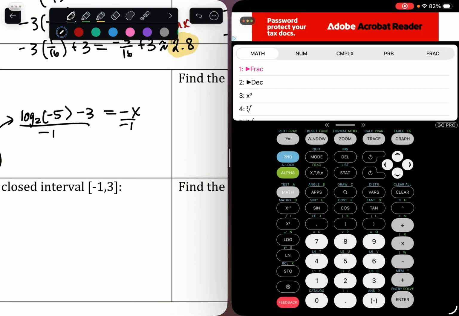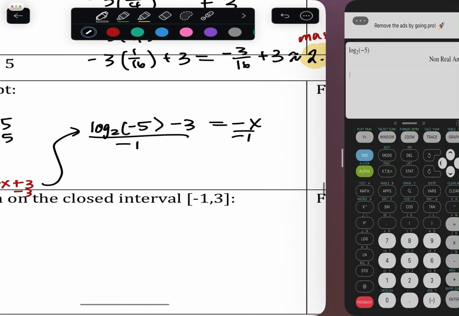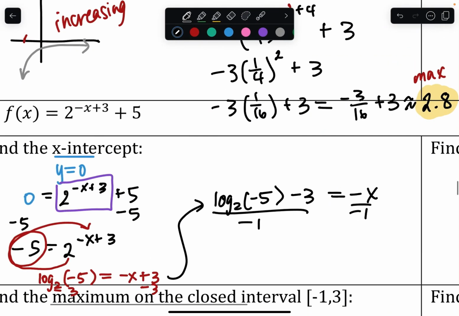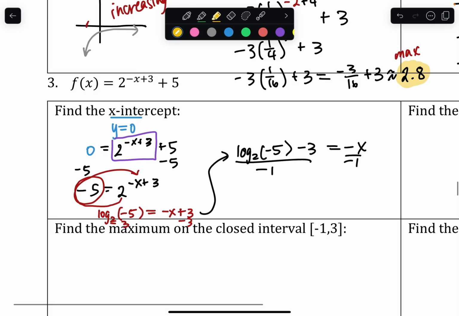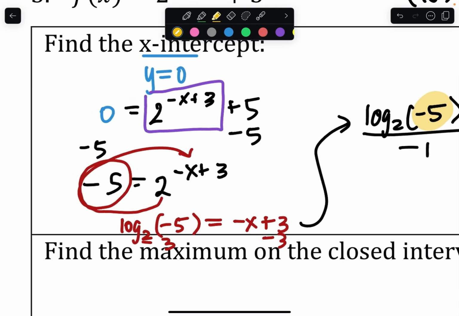we would do alpha math, log base 2 of -5. Oh, before I even type anything else, that's going to give me a non-real answer because the argument of a log cannot be negative. So we honestly should have stopped right here.